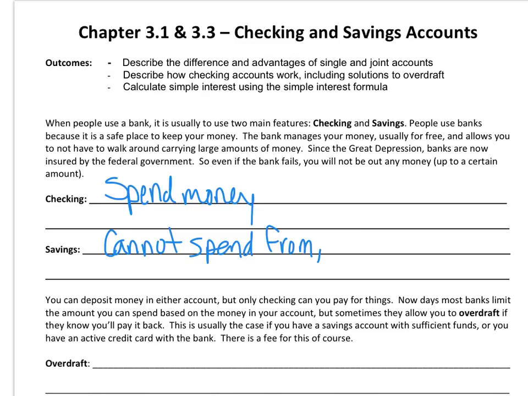Also, the difference here is that with a savings account, the bank actually pays you what is called interest. Now the question is, why would a bank pay you for them to keep your money?